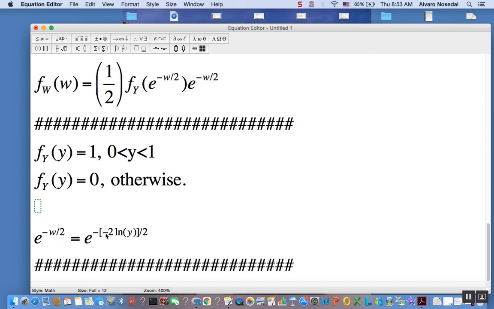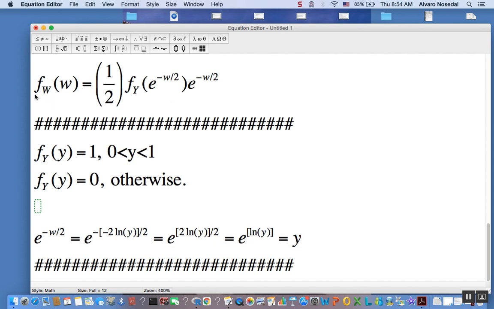So that minus times minus is going to give you a plus. And then you're going to have a 2 that is multiplying and a 2 that is dividing. So you have e to the natural log of y. But e is the inverse of natural log of y. So this is just y, right?